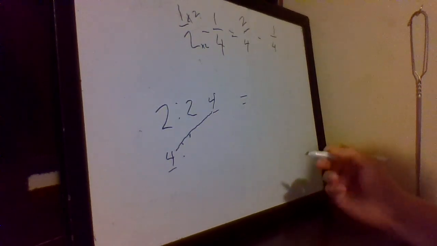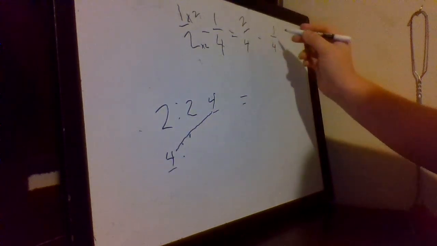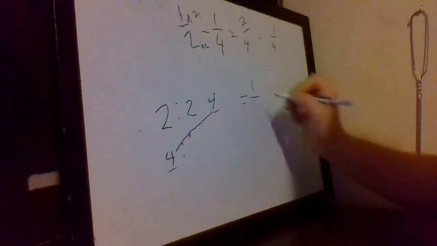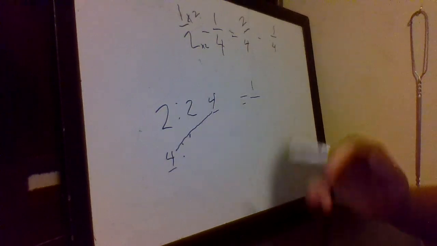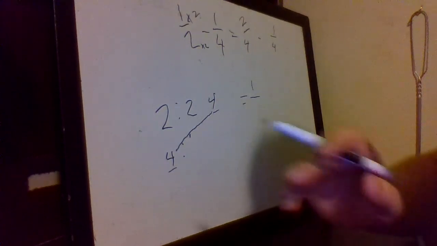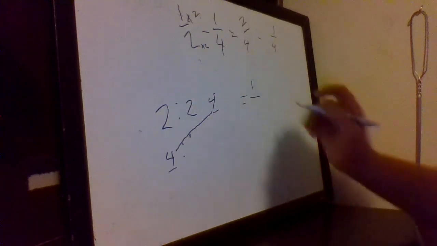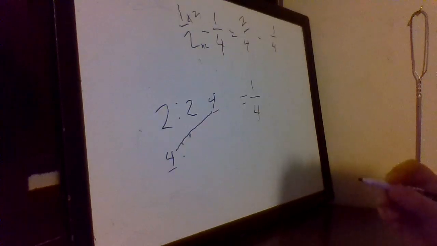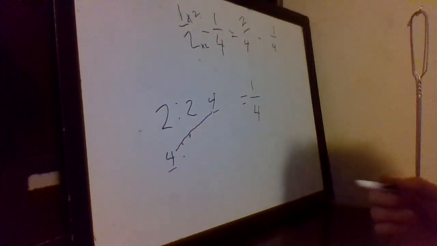So 2/4 minus 1/4 is what? 2 minus 1 is 1. And 4 minus 4 is... Oh, yeah. Right. I'm sorry. We don't do 4 minus 4. We just bring our 4 down. So 2/4 minus 1/4 is 1/4.